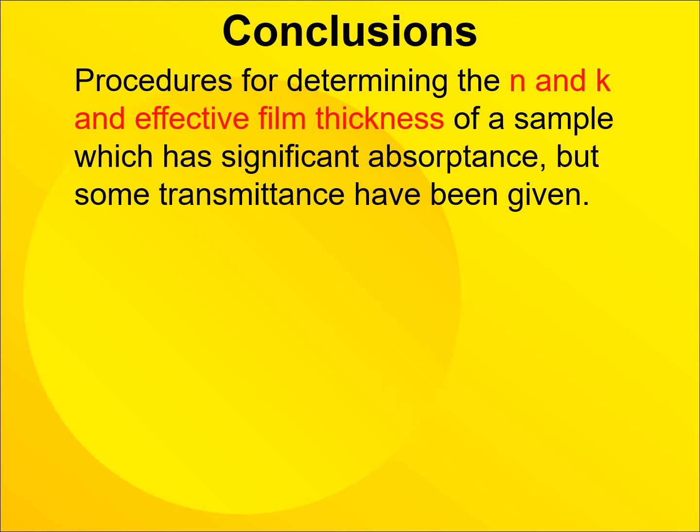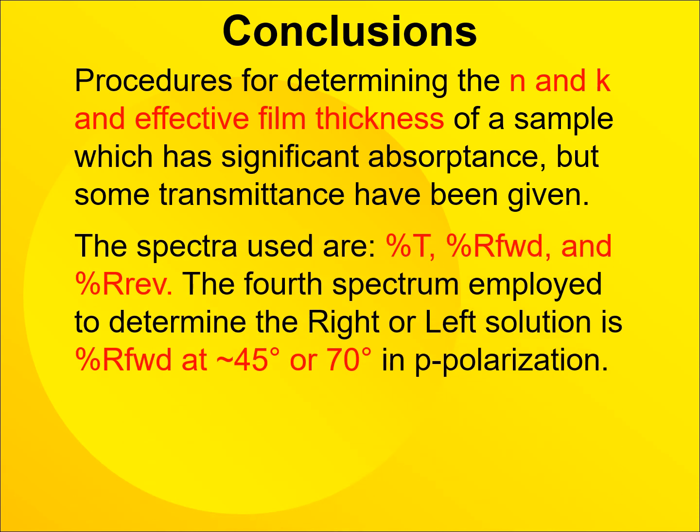So in conclusion, the procedures for determining the N and K and effective film thickness of a sample which has significant absorption but some transmission have been given. And the spectra used are %T, R forward, and R reverse.